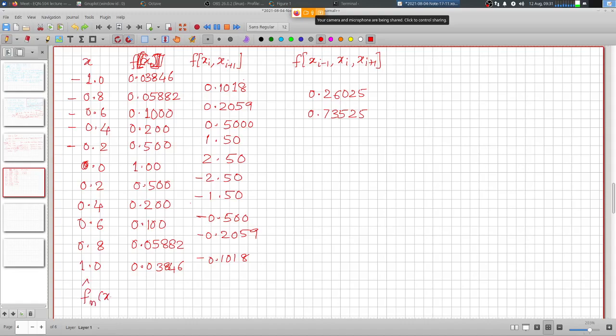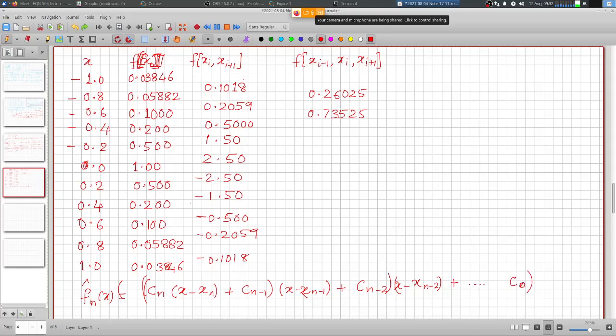f hat n equals Cn multiplied by x minus xn, plus Cn minus 1 multiplied by x minus x n minus 1, plus Cn minus 2 multiplied by x minus x n minus 2, plus, and so on until you end up with a constant term C0.